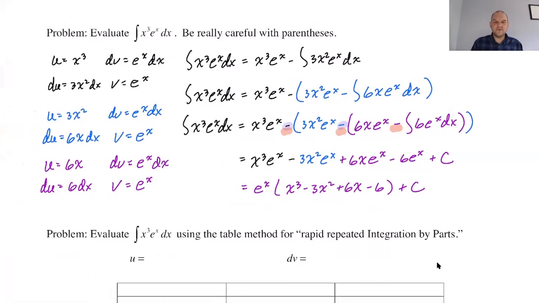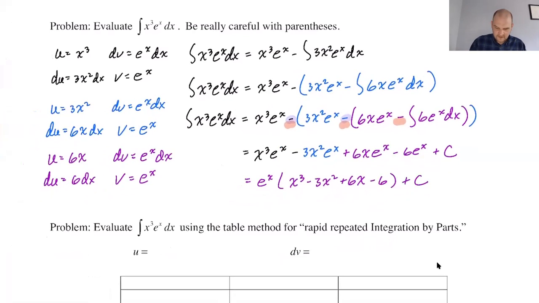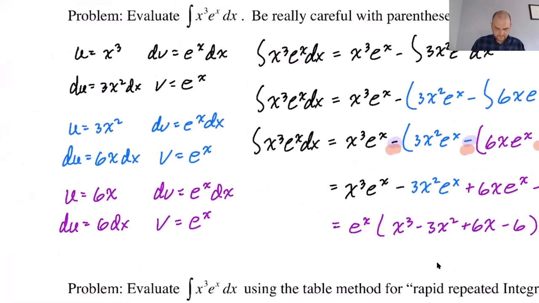But there's another way to do this. Did you notice that there's kind of a pattern here? If we look, we had u, and then our next u, and then our next u.